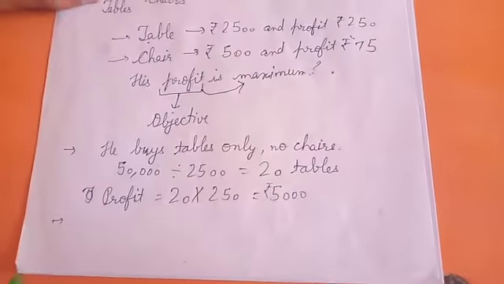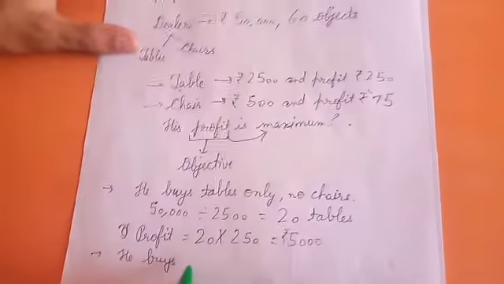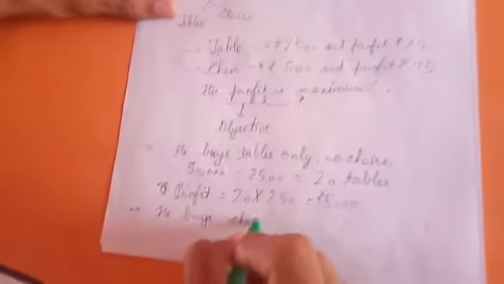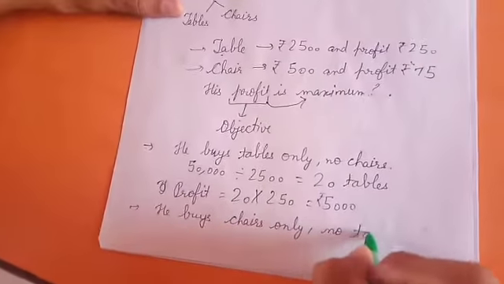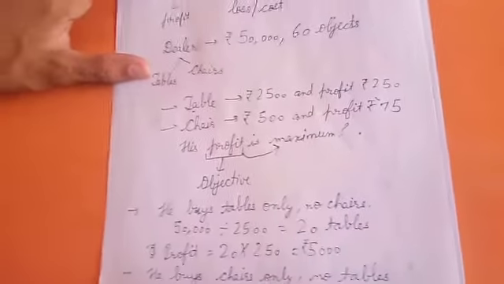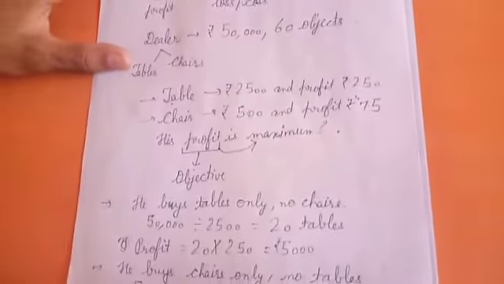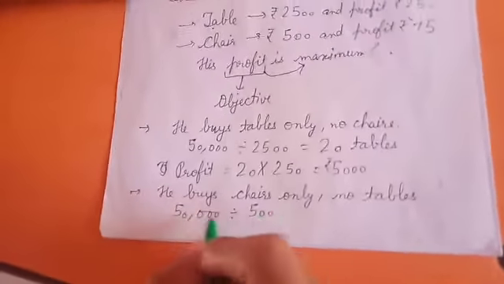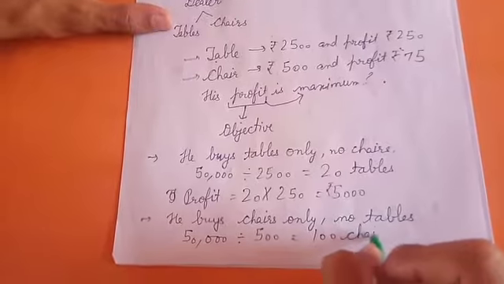Secondly, we can assume that he buys chairs only, no tables. So how many will he be able to buy? 50,000 divided by 500, it is equal to 100 chairs.